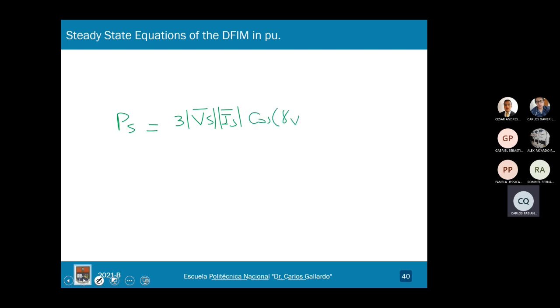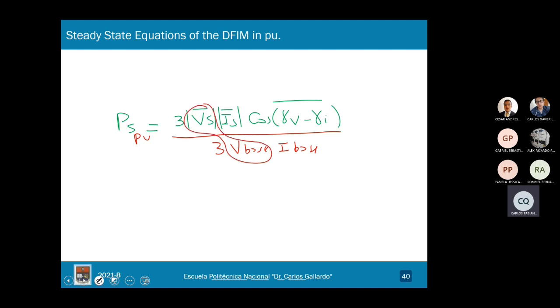This is the angle of the voltage, and this is the angle of the current, because I have power. If I want to compute the per unit value, I need to divide it by the base. And the base is the complex power. It means 3 times the voltage base times the current base.